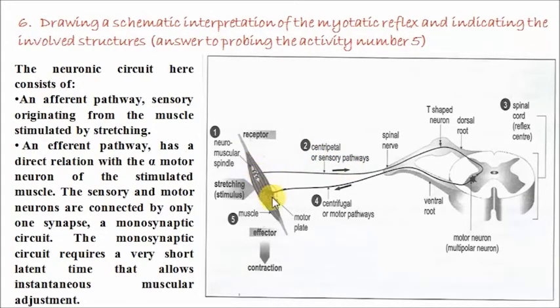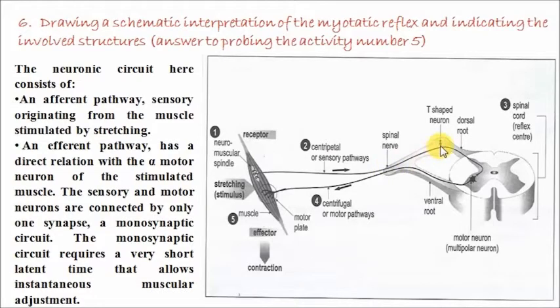From the muscle itself. Remember, this is the sensory neuron. Its extremity is found attached to the intrafusal fiber, surrounding the intrafusal muscle fiber to form the neuromuscular spindle. So I have here the centripetal or the sensory pathway, which is made up of sensory neuron.